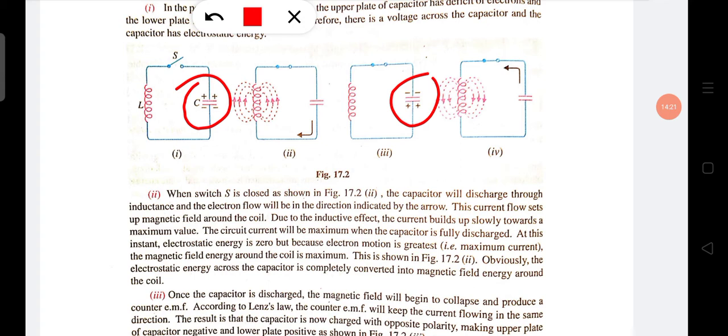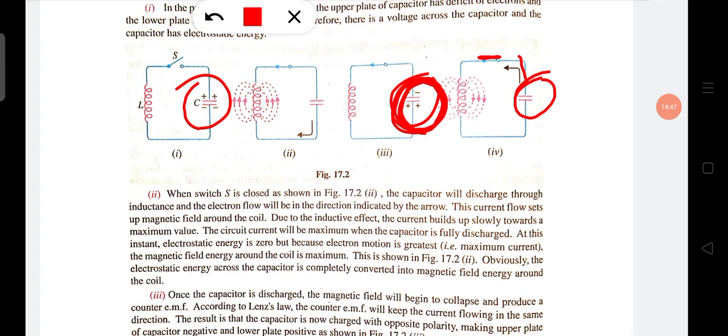Due to that opposite polarity, and because the switch is always closed, again a current is produced. Whenever this capacitor is fully charged, after that the capacitor wants to discharge again.